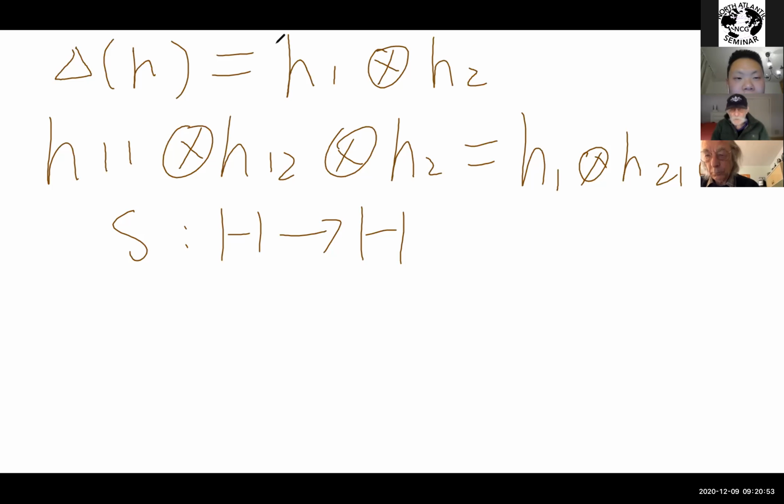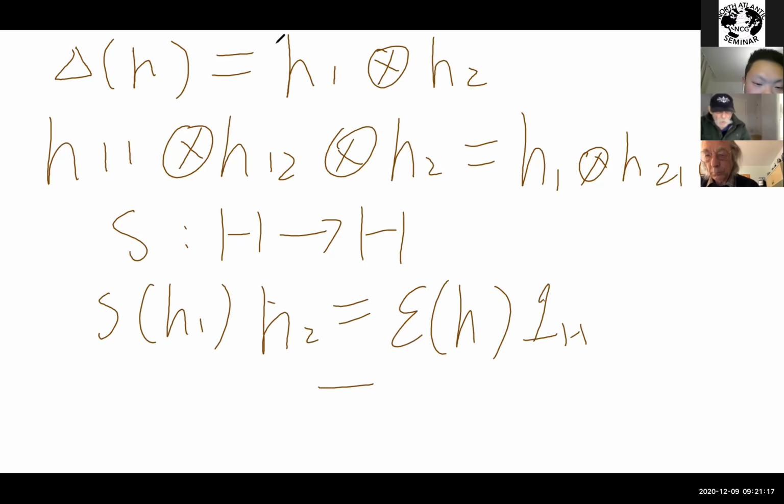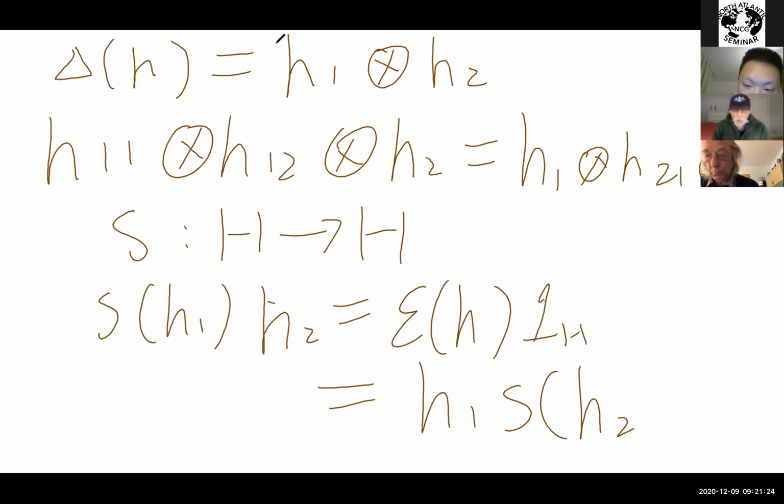Okay. Yes, exactly. Until now we just talked about bialgebras, but to be a Hopf algebra, we also need to introduce the antipode, which is a linear map S from H to H such that S(h_1) h_2 is equal to ε(h)1_H, and this is also equal to h_1 S(h_2).